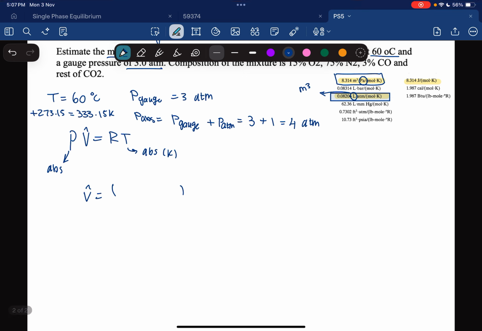So I decided to use this value of R, 0.08206. It will be in liters times atm per mole Kelvin.